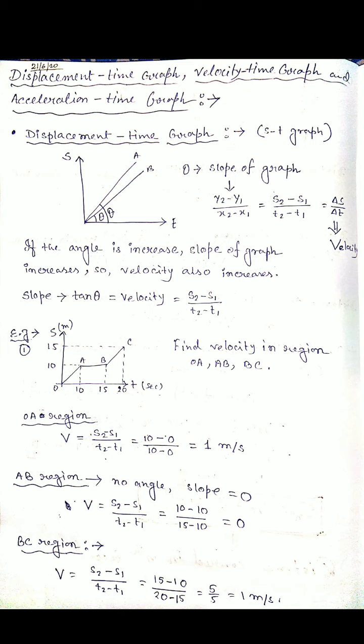So either you can write slope equals 0, that's why the velocity equals 0, or by putting the values S2 and S1 over T2 minus T1, you also get velocity 0. Now in the BC region, C is the final position and B is the initial position. The final position is 15, B is 10, so (15 minus 10) divided by (20 minus 15) gives us 1 meter per second. Understand?